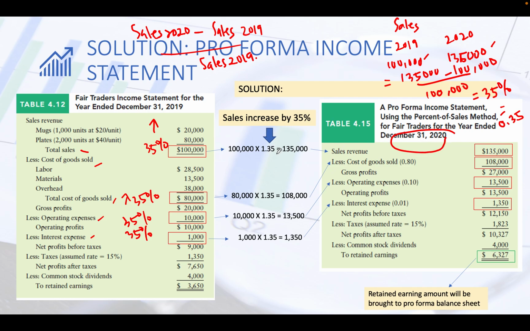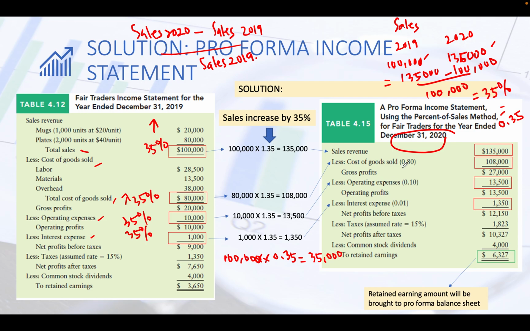Kalau dalam matematik, kalau kita kata kenaikan sebanyak 35%, which means 100,000 times 0.35, we get 35,000. Tapi ni kenaikan saja.